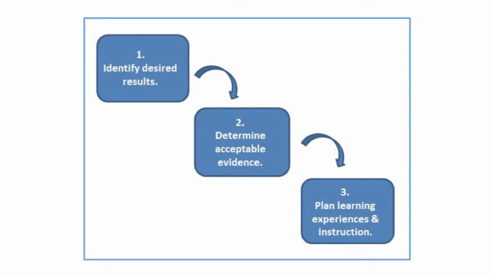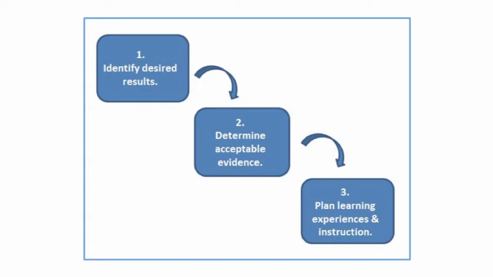Now, a typical lesson planning process might often begin with step 3. Teachers might begin by planning their daily lessons. Maybe they find some neat ideas for activities and they start there. And then later they determine how they're going to assess how well students have met outcomes.